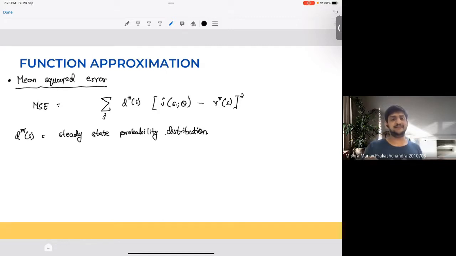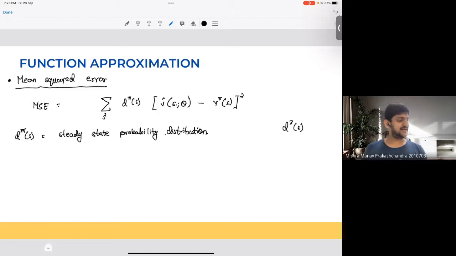And it turns out that the more times I visit a particular state s, the probability for that state would be higher, or the weightage for that state would be higher, and I would like to include that in my mean squared error computation, right? Now I have introduced a new term. The question is, how do I estimate this d pi of s?